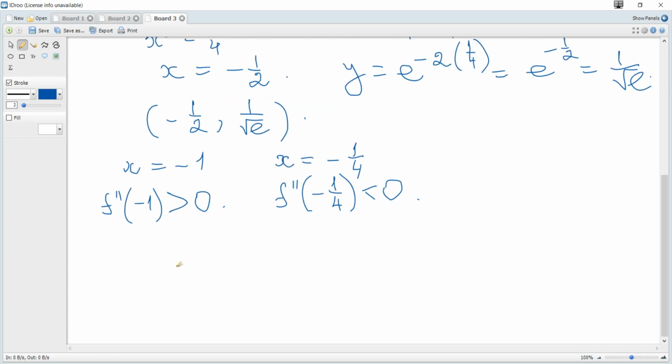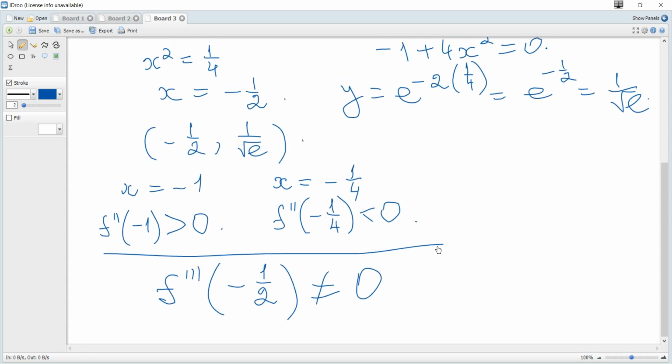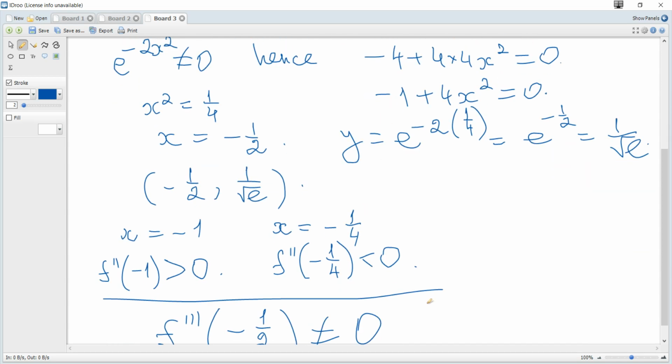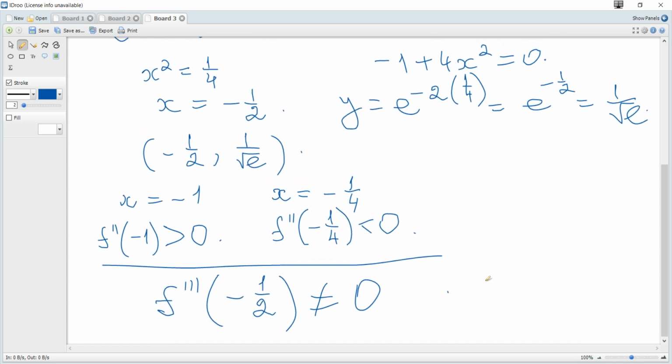Another way, and it's acceptable, is to show that the third derivative at negative a half is not zero, and that's enough to justify a point of inflection. So we just need to find the third derivative, the derivative of the second derivative expression, and for some problems this way may be easier. And that's all for this question.